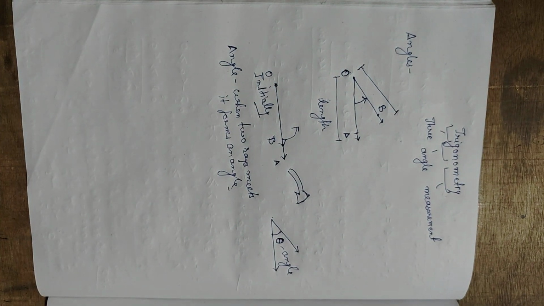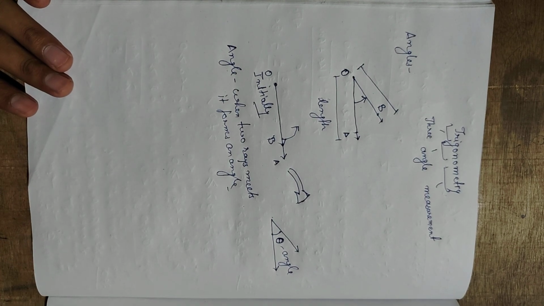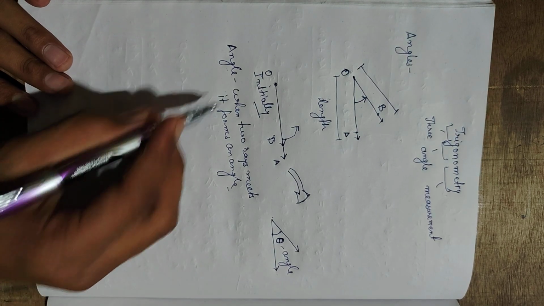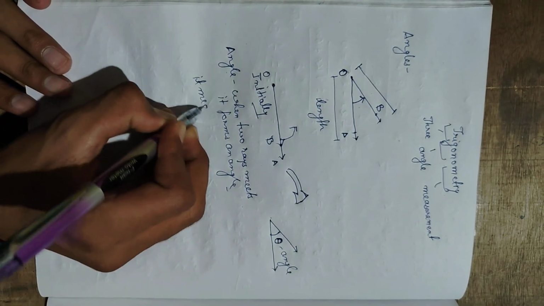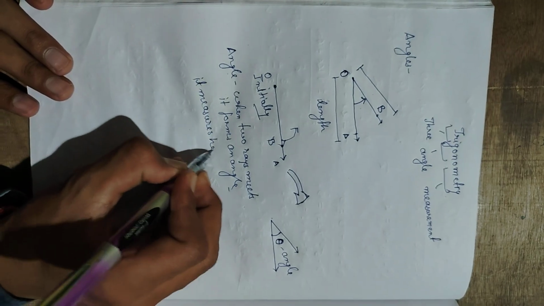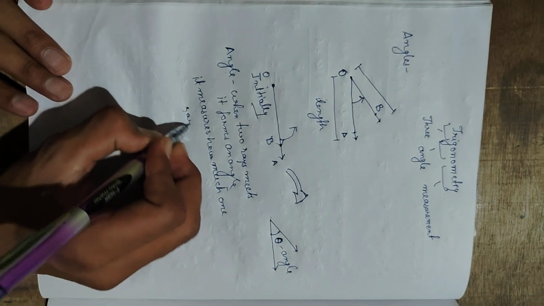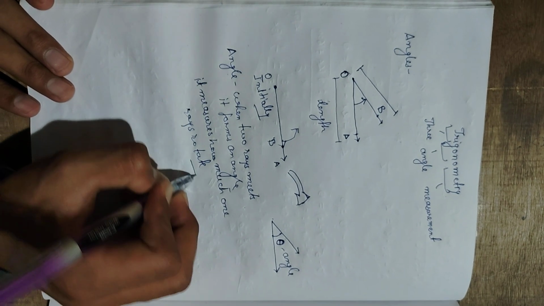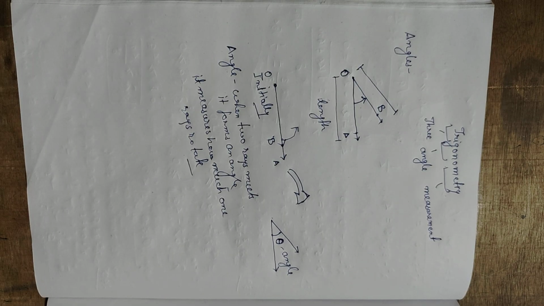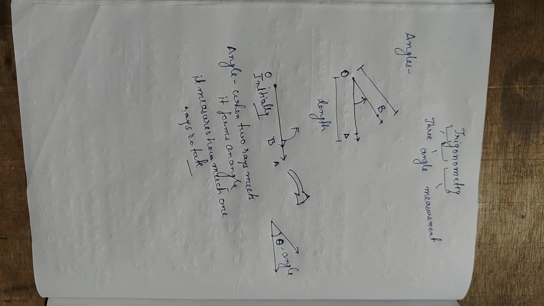Or we can say it measures how much one ray rotates. We start with this simpler definition of angles, but we need to understand the most important definition of angles, that is the right angle.